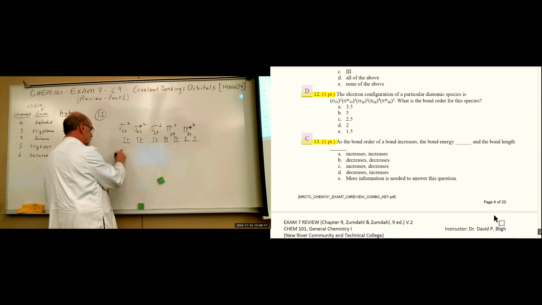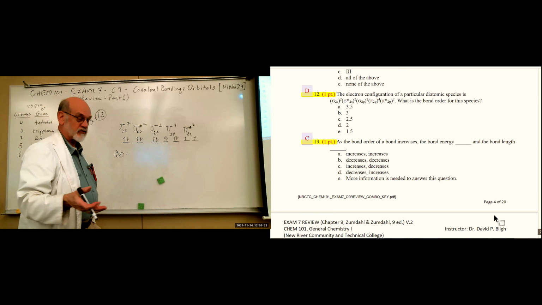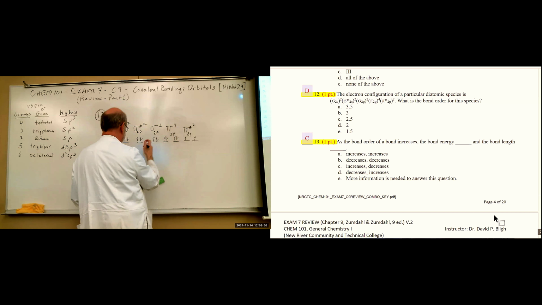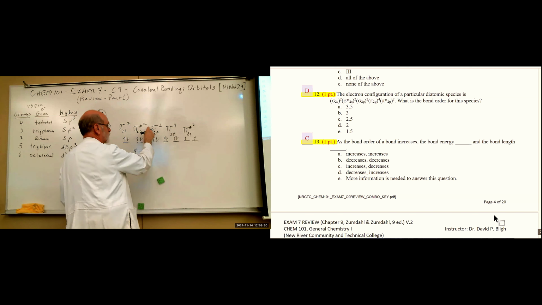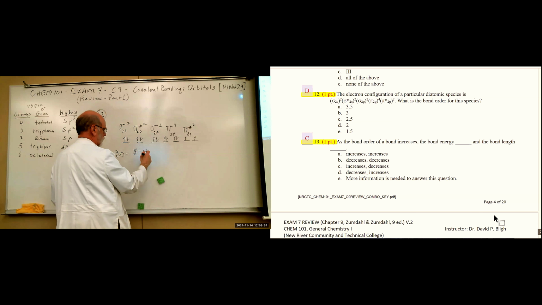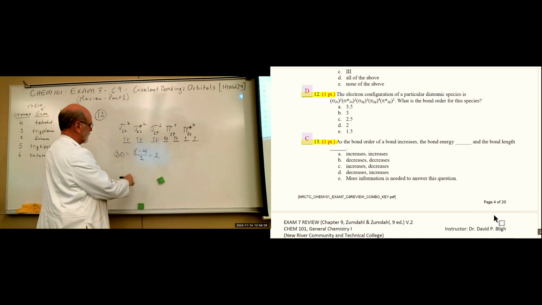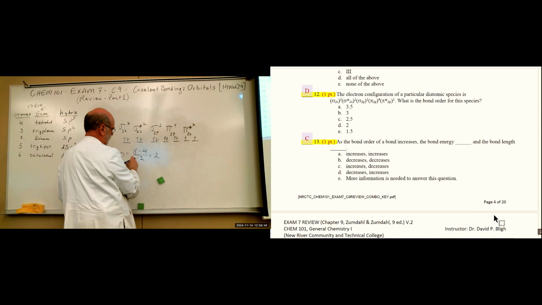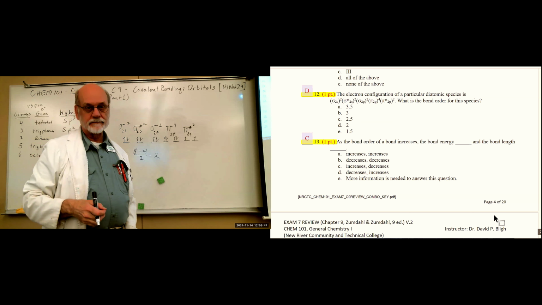Remember, the bond order is simply the bonding electrons, right? 2, 4, 8, minus the anti-bonding. 2 and 2 is 4, right? 4 divided by 2 is 2. Correct? Did I do that right? That should be 12. 2, 4, 6, 8, 12. Yeah. So the bond order should be 2.